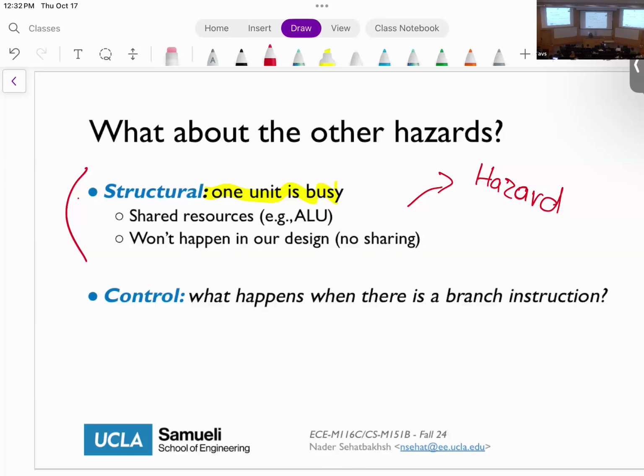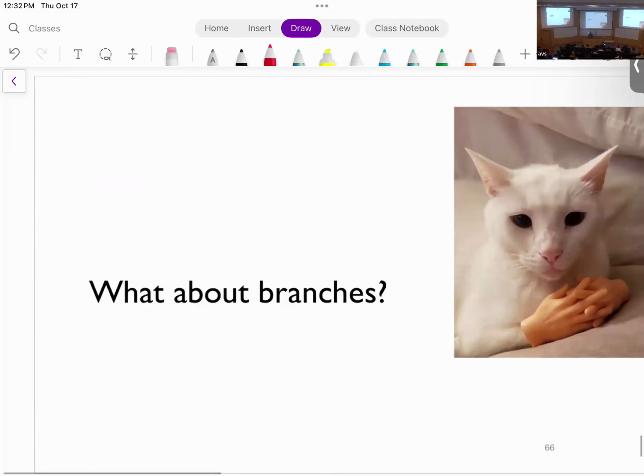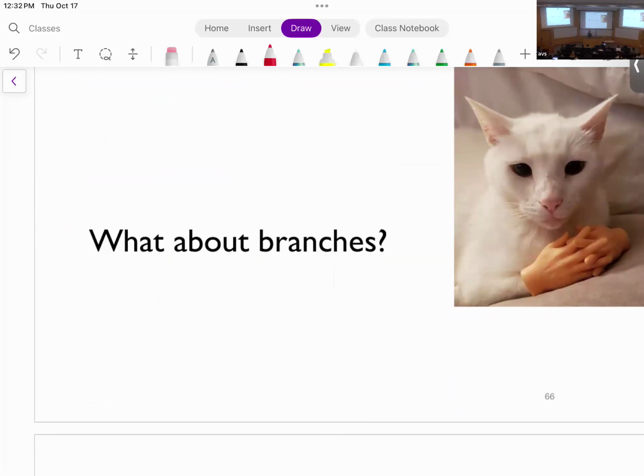But the more important and more involved problem in pipeline processors is what we call control hazards. Control hazards is when we have control flow instructions. Since we are always filling the pipeline with PC+4, PC+4, there will be scenarios where the branch is taken, jumping somewhere else, and we don't know what the target address is and what instructions should be filled.